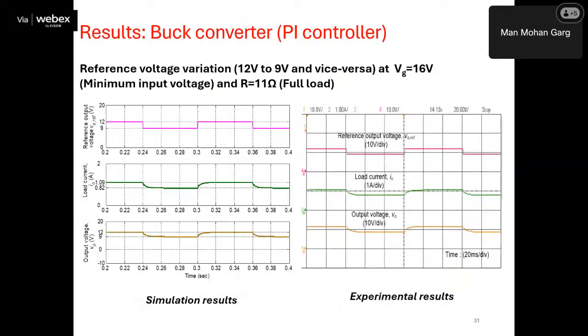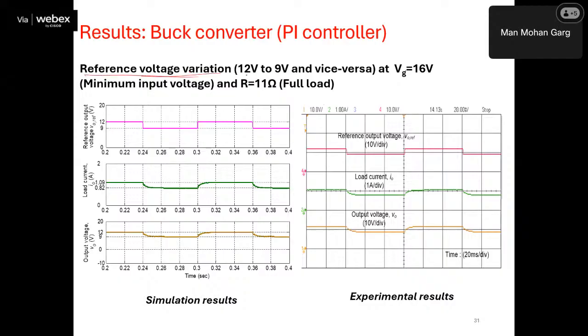Now let us see how it impacts the real system. So we have applied this particular controller, and now we are changing things. First we are taking results with reference voltage variations.